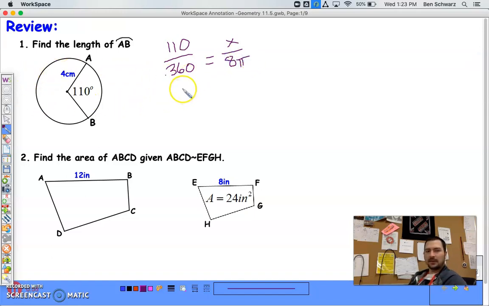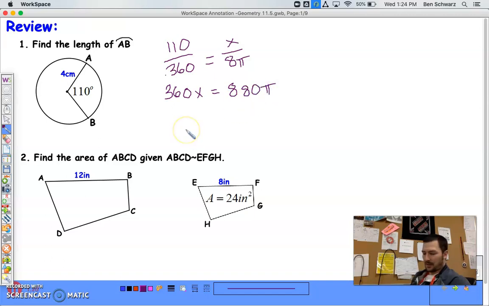And then if we keep going, we'd have 360x equals 110 times 8 pi. So if we save pi till the end, we're going to get 880 pi.